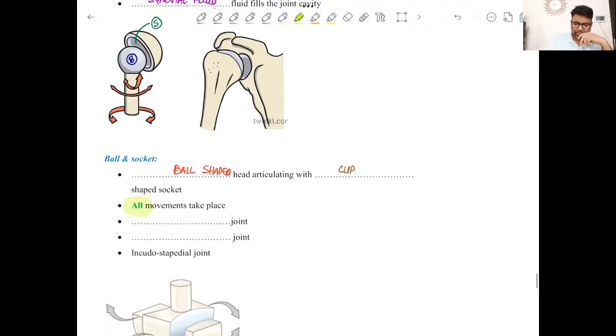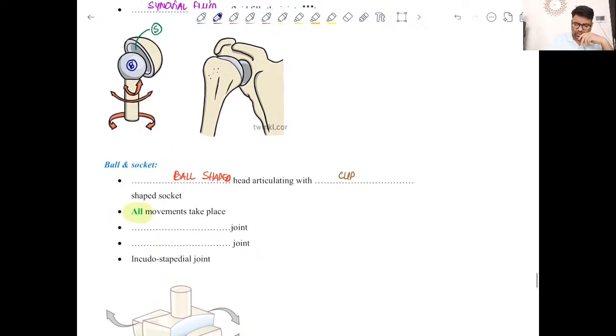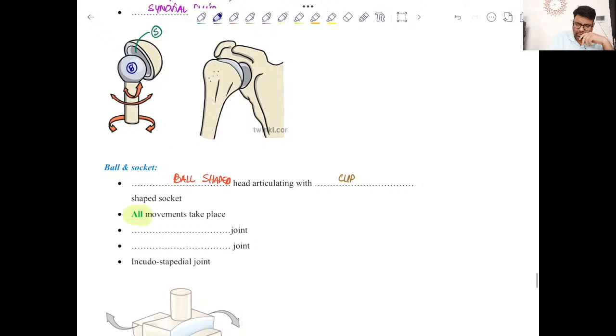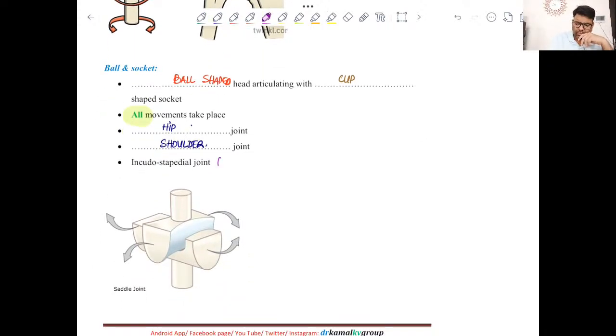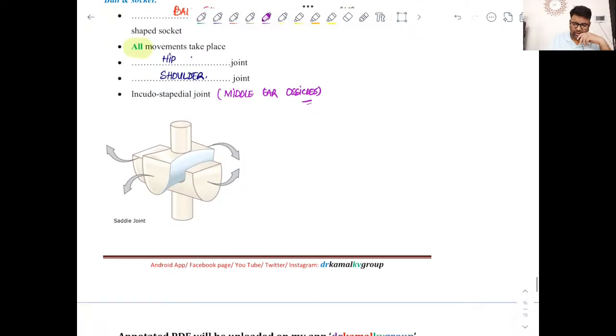So multiplanar. Then examples are hip and shoulder, the classical examples which everyone should remember, and then incudostapedial, which are actually the middle ear ossicles. Clear? So this is ball and socket.